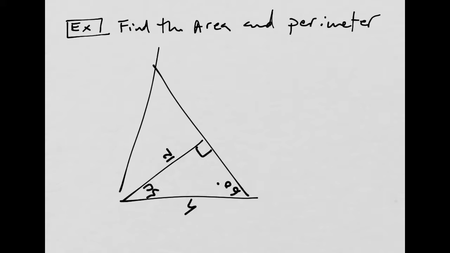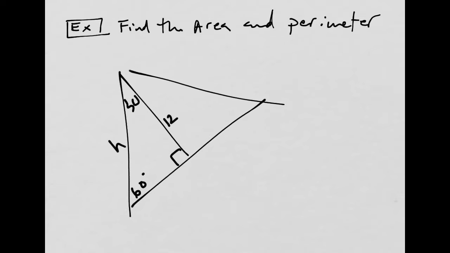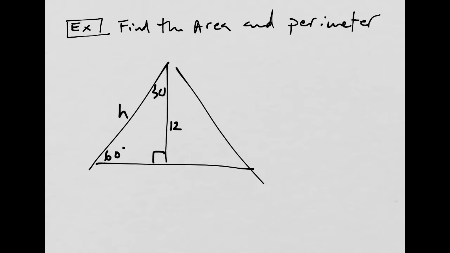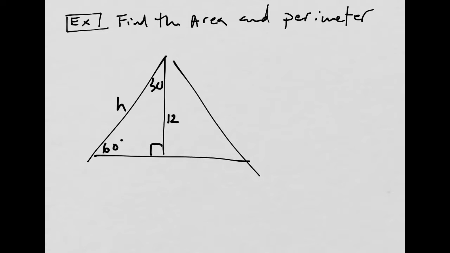I don't have that, so I'm going to rotate this back. So now I have this as the base, and the perpendicular distance from the base to the top vertex is the height. That's what I'm using for base times height. But I need my base. I need how long this is.